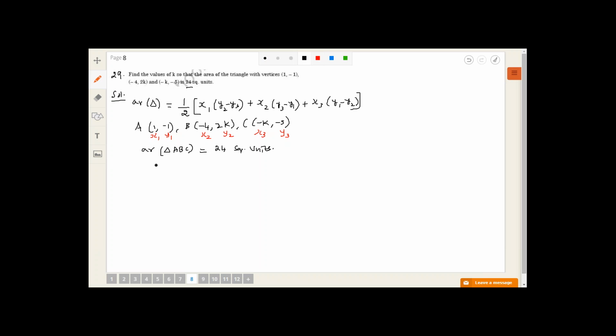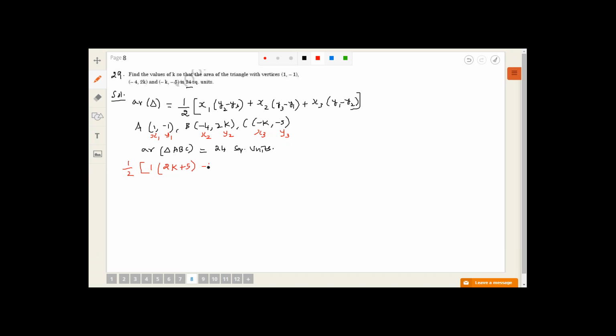So substituting the values, we get half into x1, which is 1, and y2 minus y3. y2 is 2k and y3 is minus 5, so minus of minus will be plus. So it will be 2k plus 5.